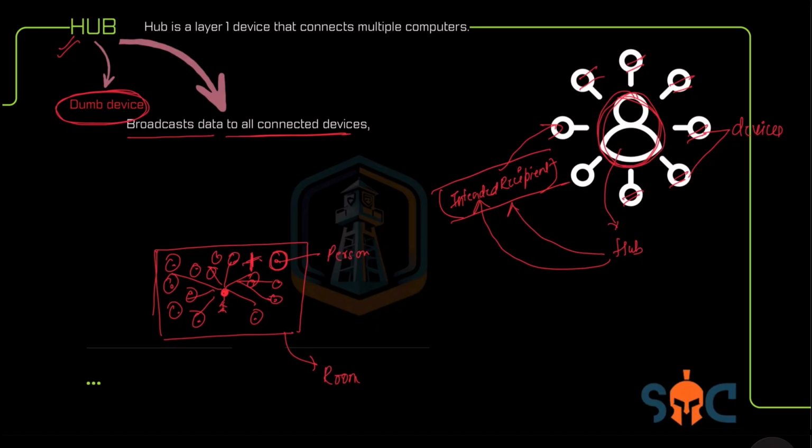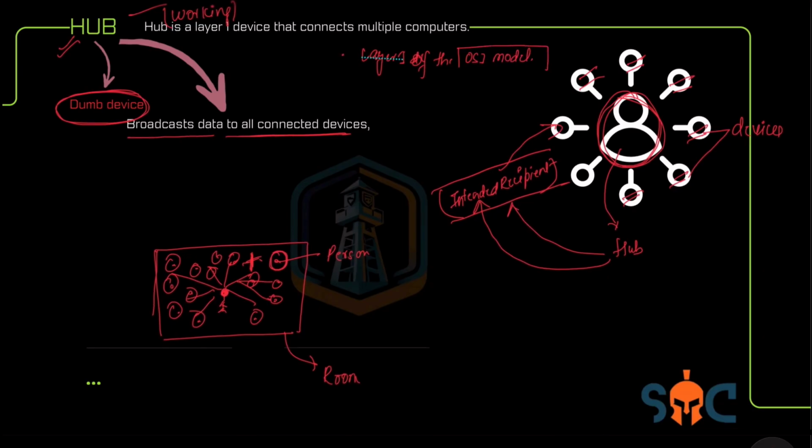Okay, so let's move to the working of a hub, how the hub actually works. A hub operates on layer 1 of the OSI model.